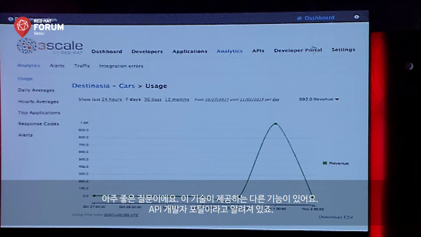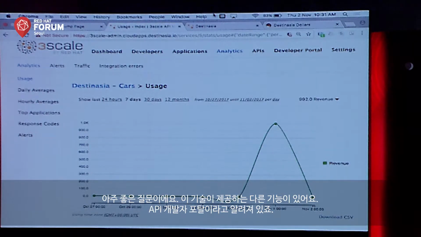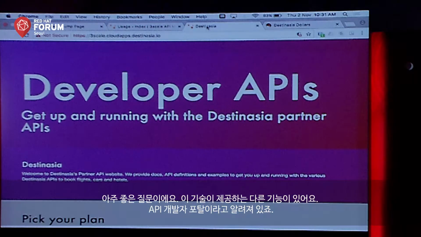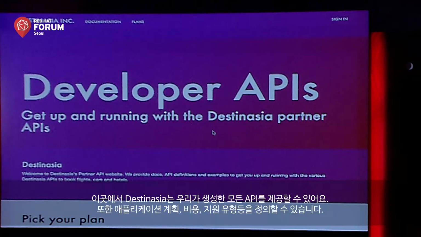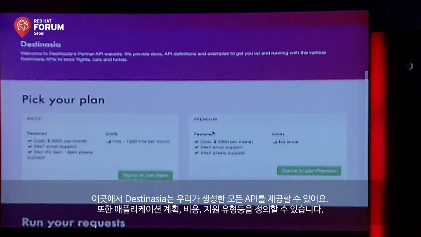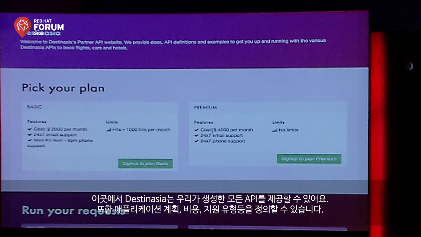Very good question. So there's another feature that this technology provides you. It's known as an API developer portal. Now this is the place where Destinasia can actually publish all of the APIs that we have created. And you can also define things like all the application plans, how much they cost, what type of support you get with it.